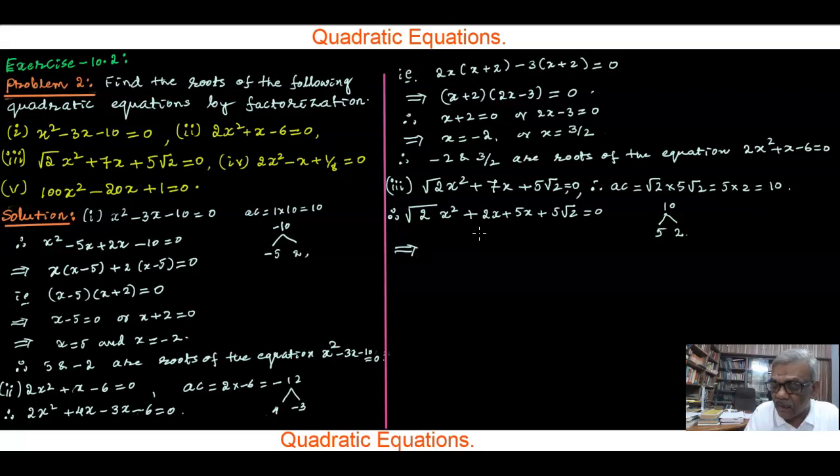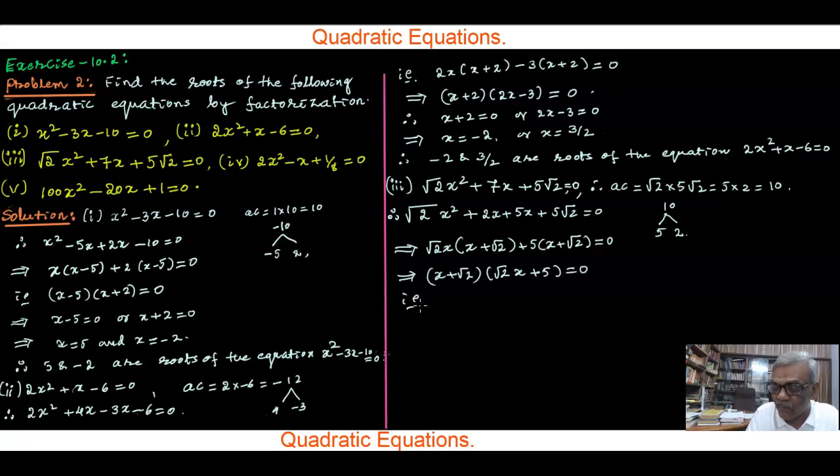That is, root 2 x I can take out, and 2 can be seen as root 2 into root 2. So I can write root 2 x into x plus root 2 plus 5 into x plus root 2 is equal to 0. This implies x plus root 2 into root 2 x plus 5 equal to 0.